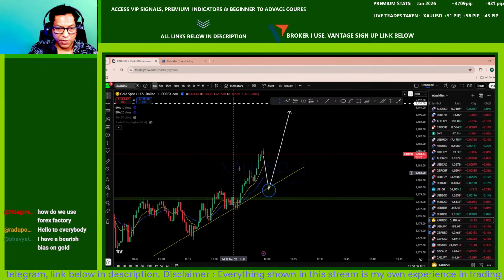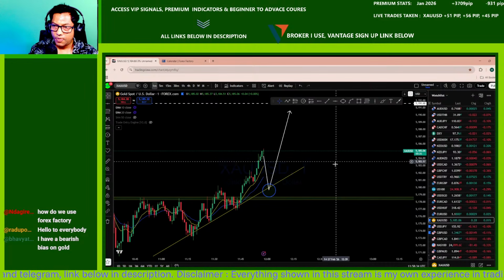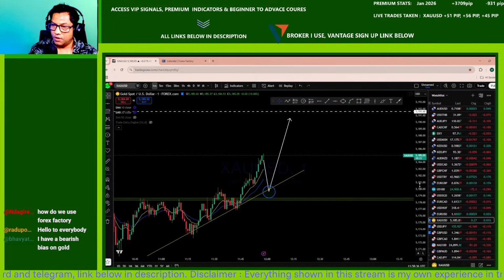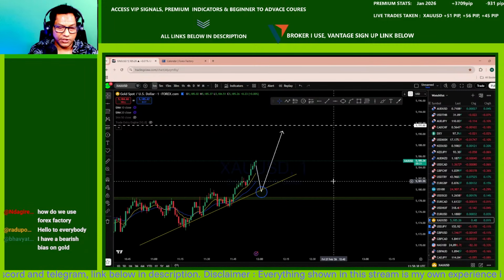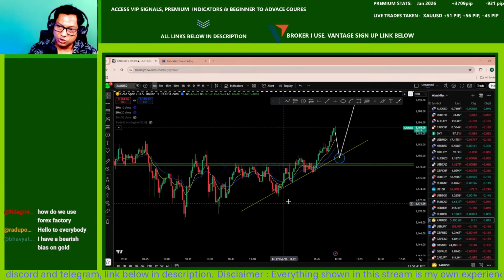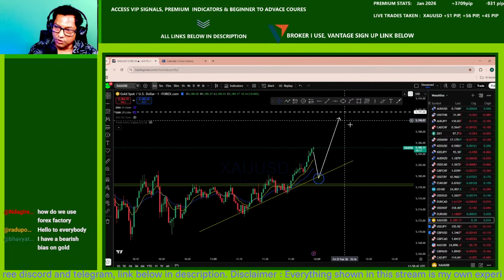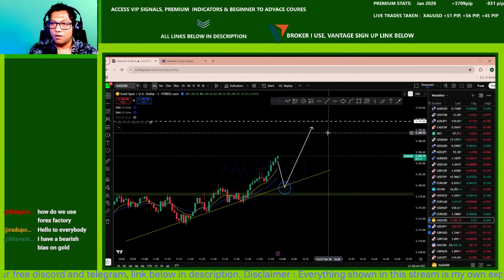I have a bearish bias on gold. Currently the market, if you look from this support level, is slowly breaking to the upside, right?